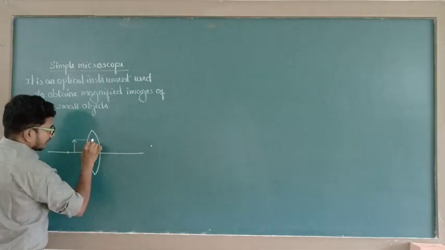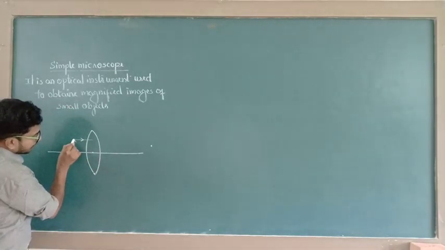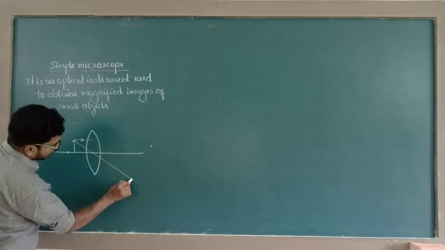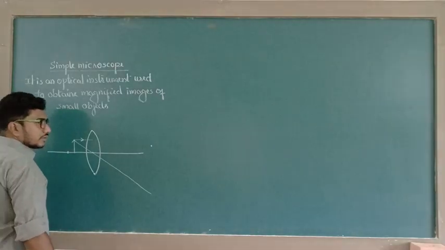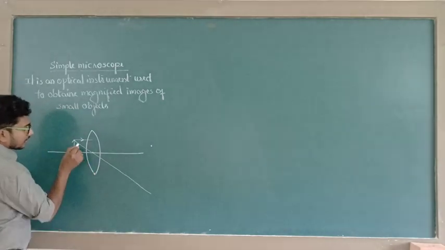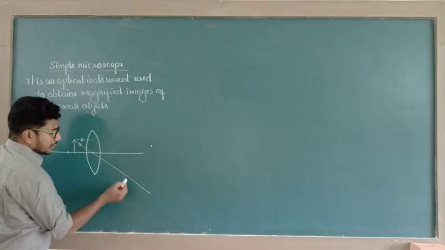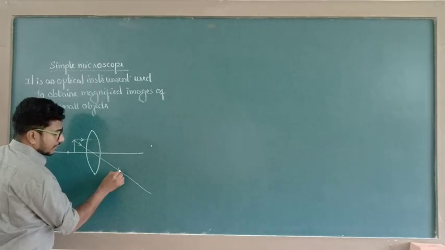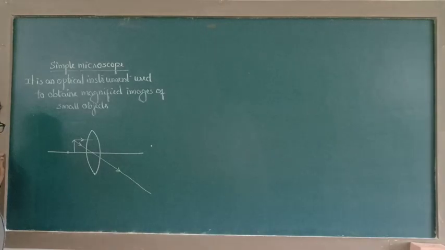One incident light ray is parallel to the principal axis. The other incident light ray is made to pass through the optical center and proceeds without any deviation, because here I am going to use a thin convex lens. In the case of a thin convex lens, a light ray passing through the optical center proceeds without any deviation.